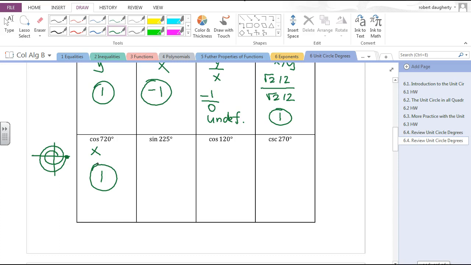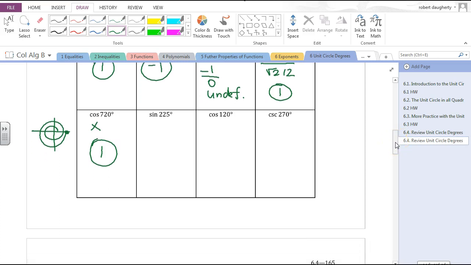The sine of 225. If you need to draw that out, so 0, 180, this is 225 right here. If that's 225, how much further past 180? That makes this central angle a 45-degree angle, so this is a 45-degree angle in quadrant 3.